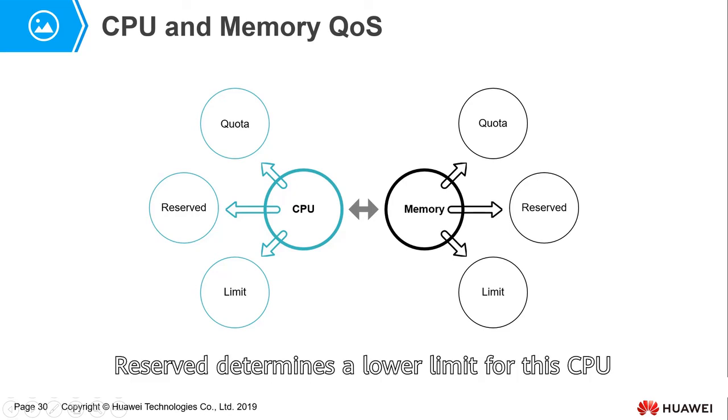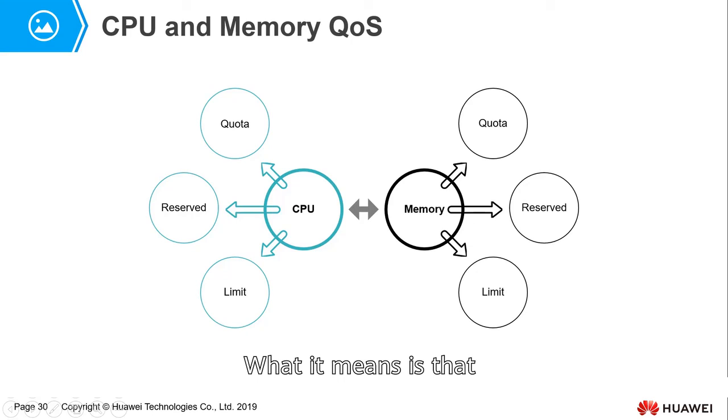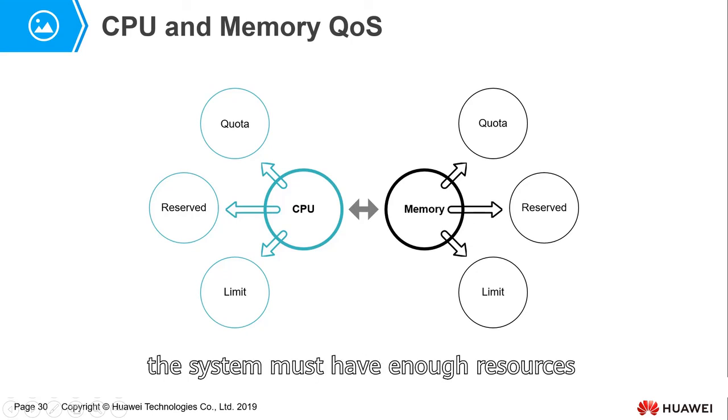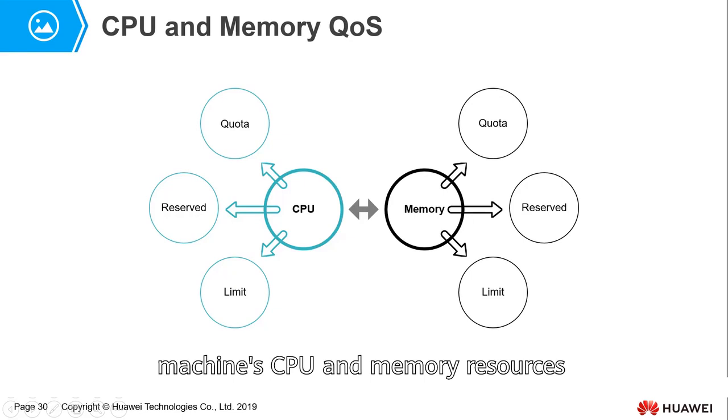Reserved determines a lower limit for the CPU and memory resources occupied by a virtual machine, which means that no matter what happens, the system must guarantee enough resources. The limit is the upper limit of the virtual machine's CPU and memory resources.